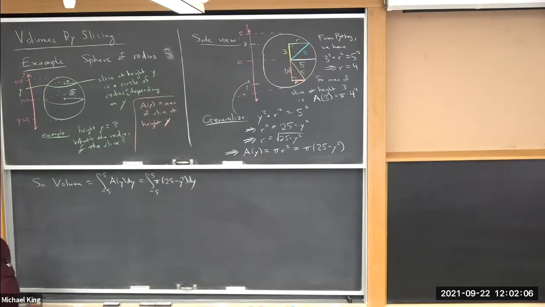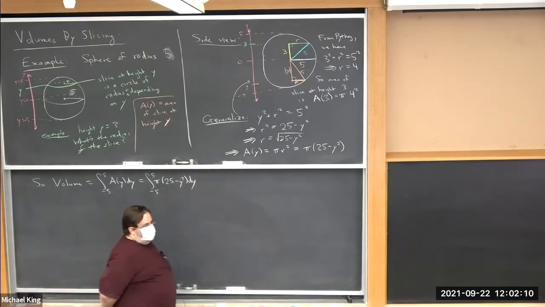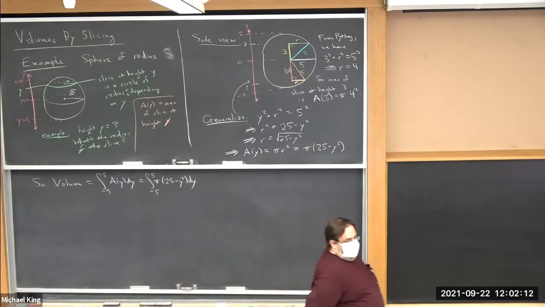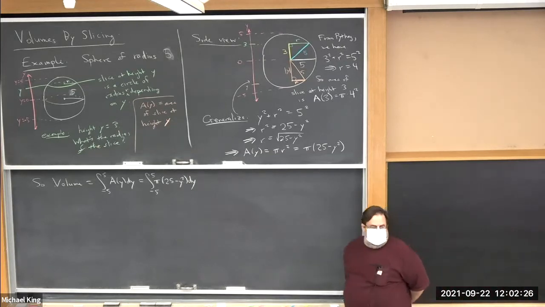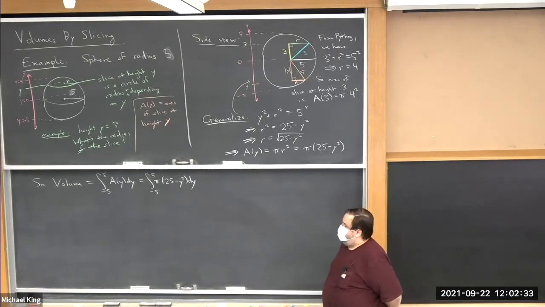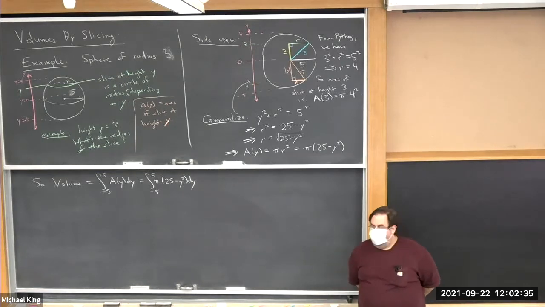You could do capital R instead of lowercase r. But yeah. This is working out. The -5 to 5 is a little bit annoying. I admit it's easier to do 0 to 5 and then double it. But let's be gluttons for punishment and do it the long way.